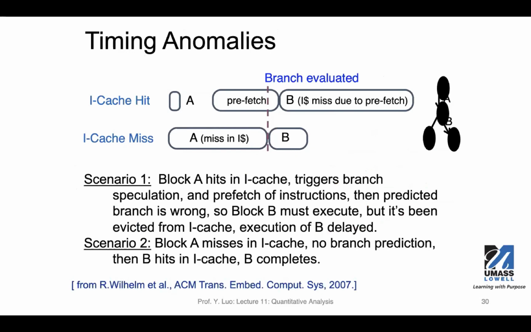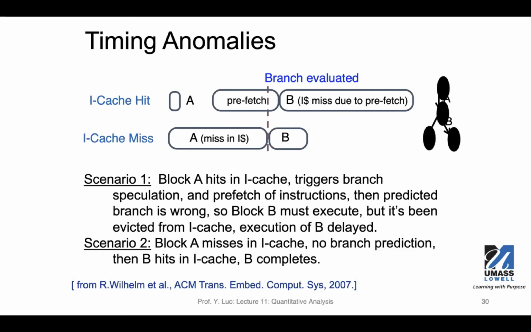There are also more complicated timing anomalies where a branch will cause the instruction cache to become a cache miss. You'll be loading instructions, and the instructions that have been loaded will have to be discarded because the prediction is wrong.